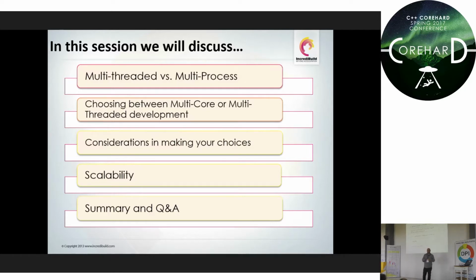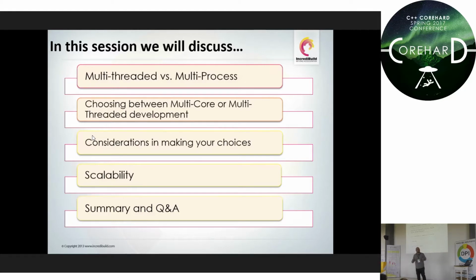Usually when you need to have multiple tasks, the most common thing developers and designers do is to simply write a thread. 2 threads, 10 threads, and they don't consider whether this is the correct architecture for the product, and especially for the future of their product.